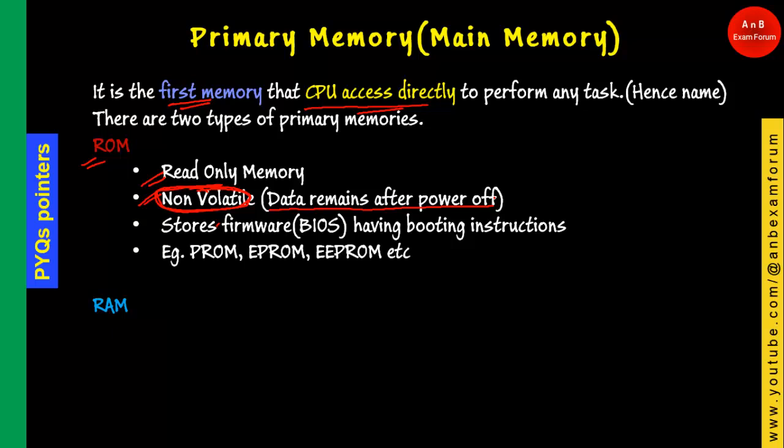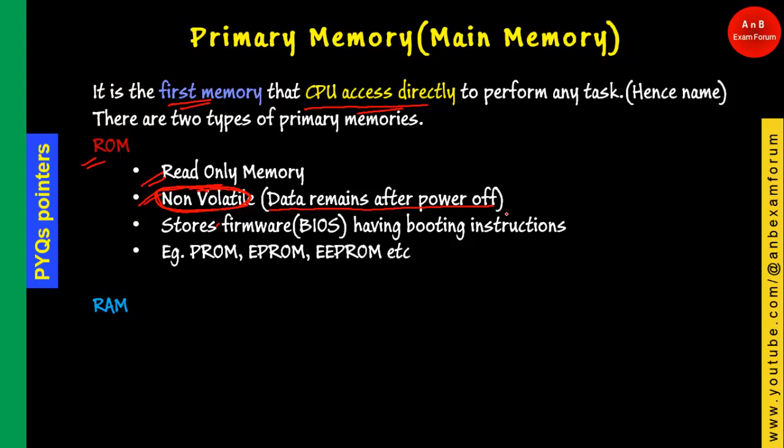Since data will not be erased after power is off, it is non-volatile. Volatile, as the word suggests, means data will not remain in the memory once power is off. But in non-volatile memory, data remains even after the electricity is off.